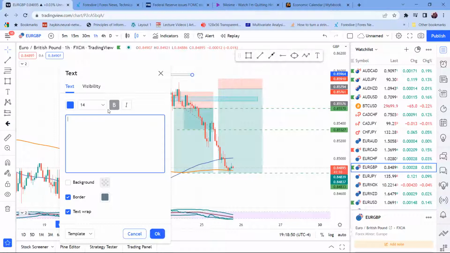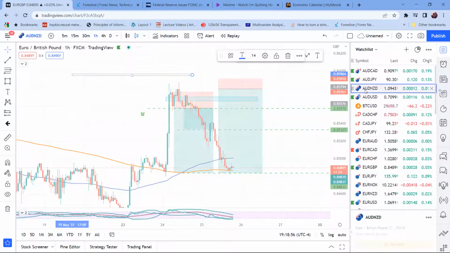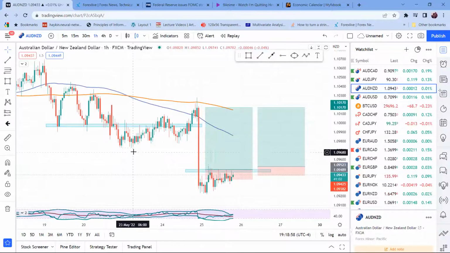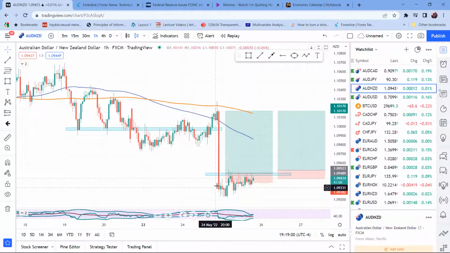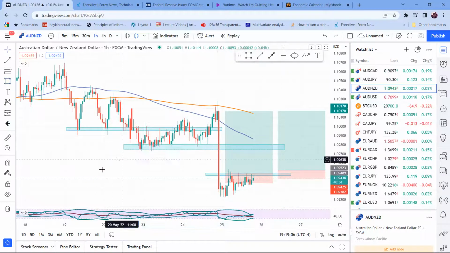So maybe you were trading the AUD/NZD, overall looking like just this long wick. You're looking at it like, all right, that support looked pretty solid, we could probably push up a little bit from there.